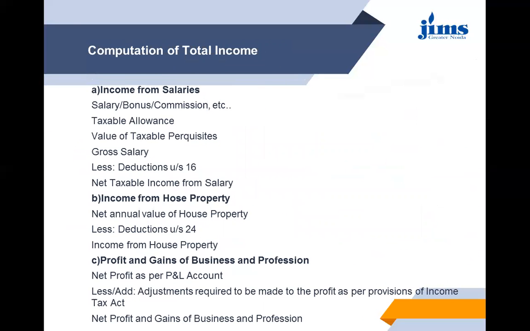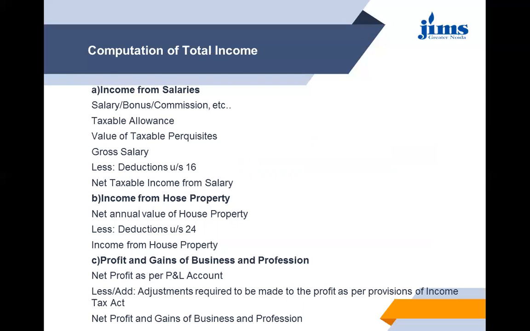That is, what is the total income? It is defined under section 2 subsection 45, that is the gross total income which is computed from these five heads, and deducting all the deductions permissible under Chapter VI-A of the Income Tax Act.